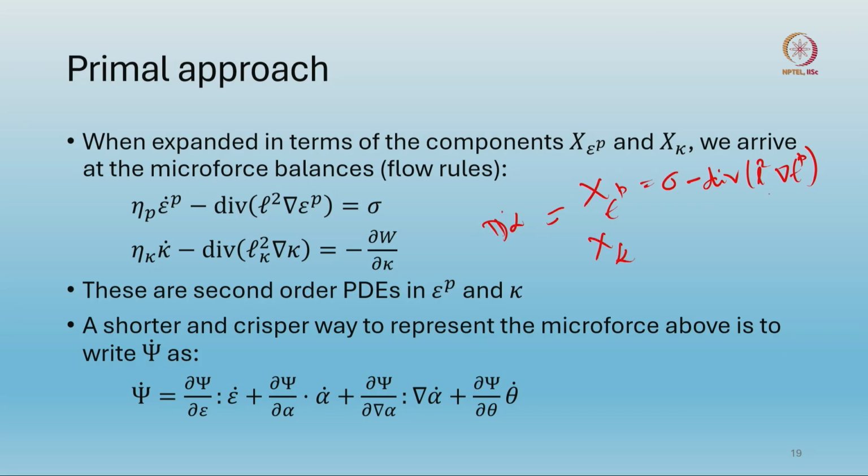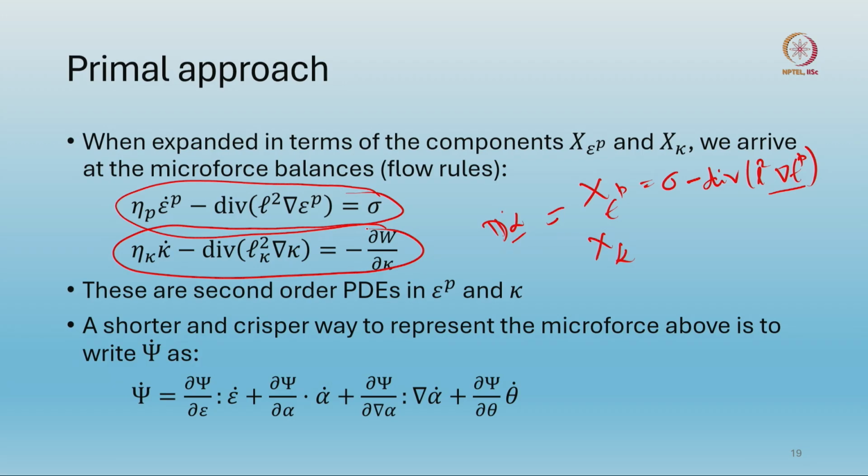Because you see the spatial gradient of the internal variable comes here, the temporal gradient, that is the derivative of the internal variable, comes here. So basically it becomes a partial differential equation, right. So these are the two partial differential equations. This is for the epsilon p part, and this is for the kappa, the hardening internal variable part.